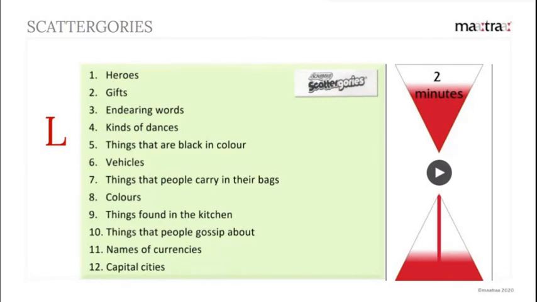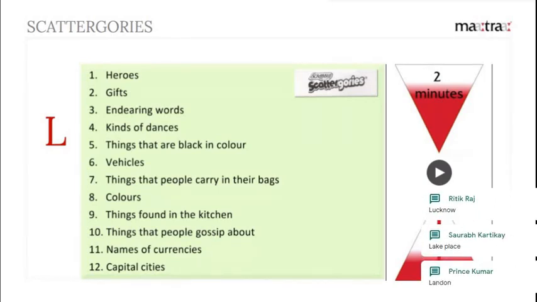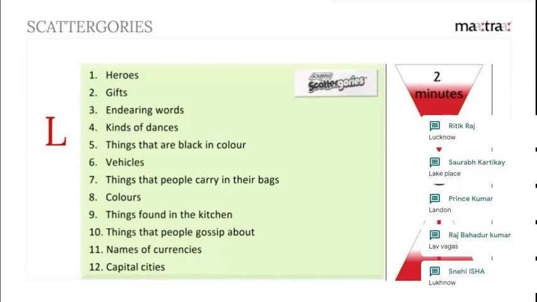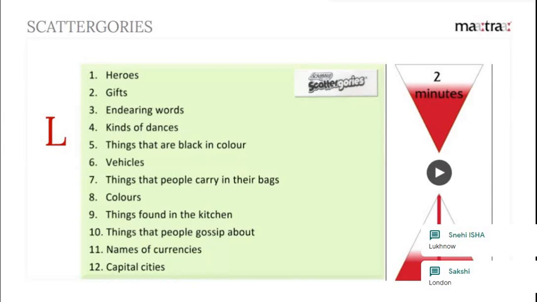So you'll just have to let me know. And last one, capital cities. Now everyone will write Lucknow. I'm just waiting to see that. See, first answer Lucknow. Lake Place, London. Vegas is not the capital city of the state, but I'm not sure. Laos, yes.